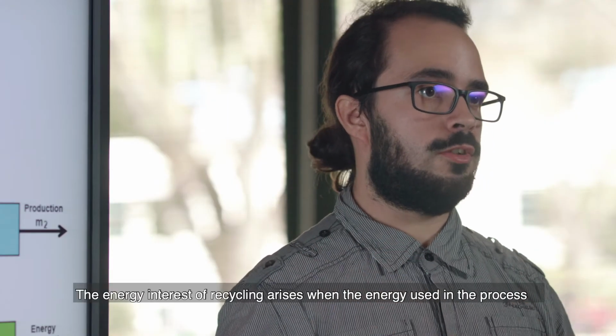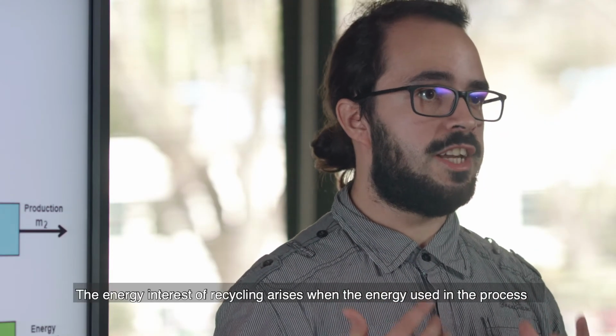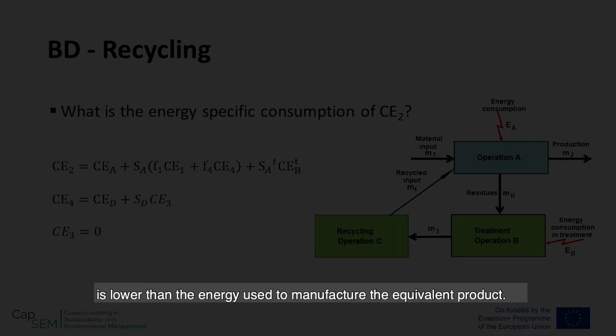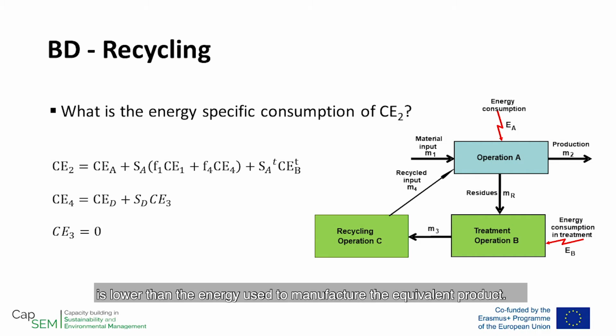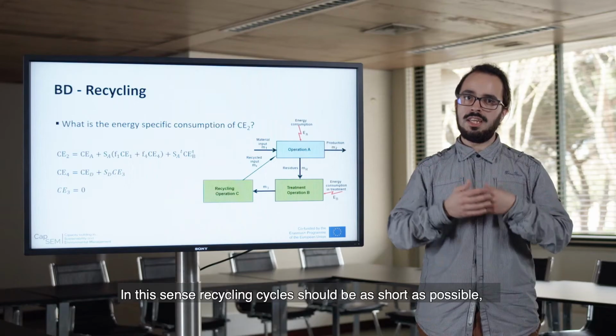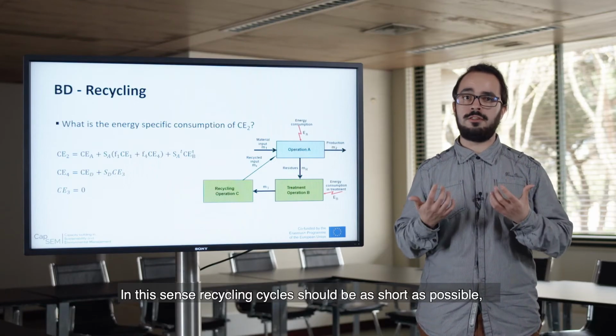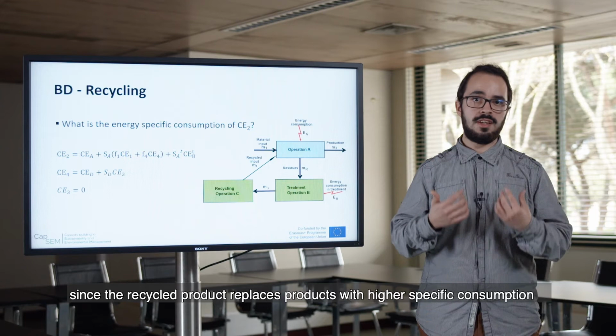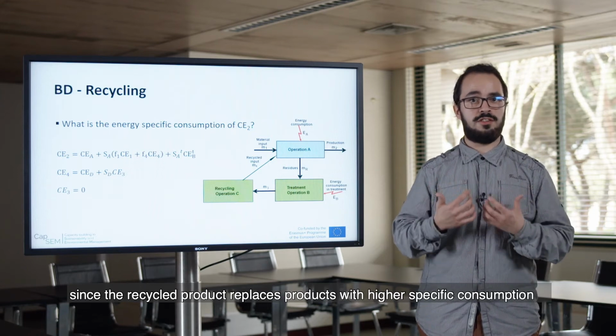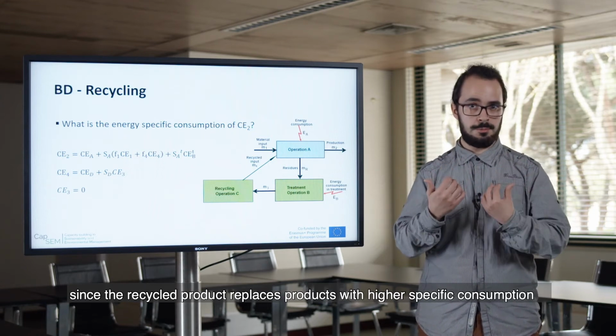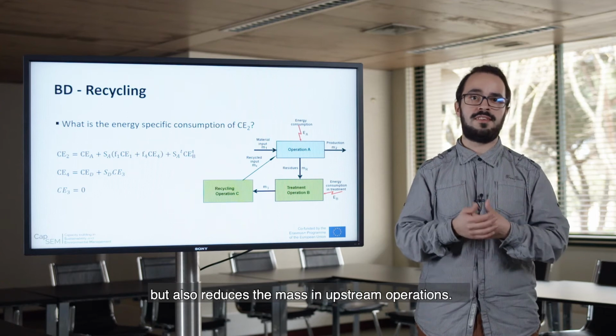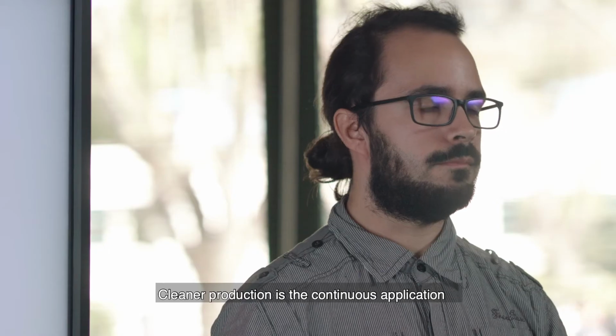The energy interest of recycling arises when the energy used in the process is lower than the energy used to manufacture an equivalent product. In this sense, recycling cycles should be as short as possible since the recycled product replaces products with higher specific consumption, but also reduces the mass in upstream operations.